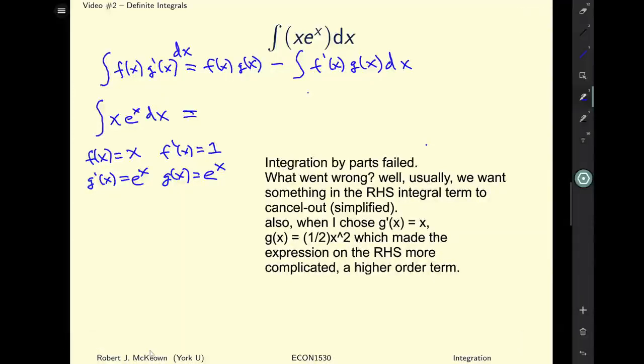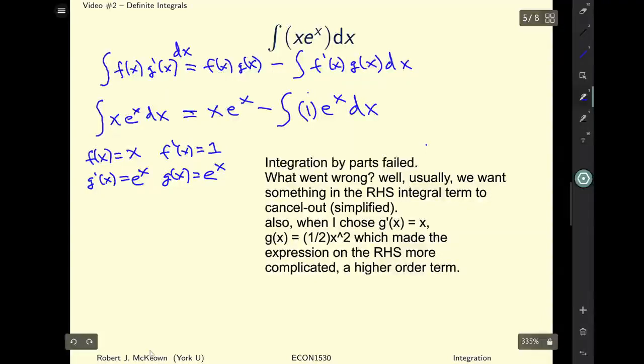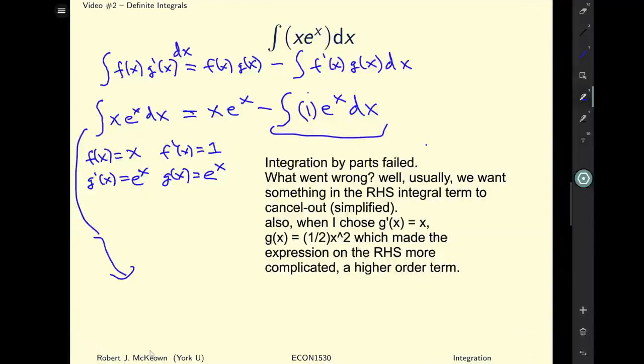Now let me try this. So I've got f of x is x, g of x is e^x, minus the integral of f prime of x, which is just 1, multiplied by g of x, which is e^x, dx. Now all I have to do here really is integrate the right-hand side.